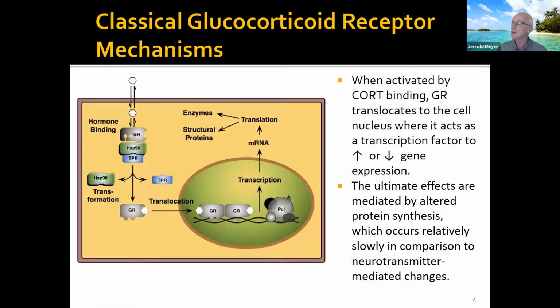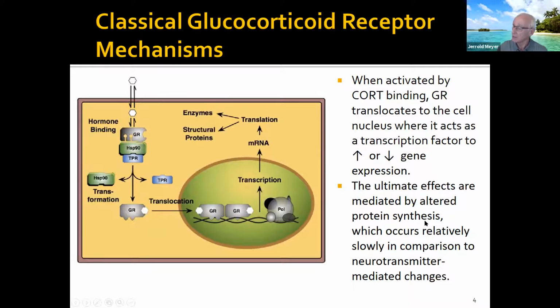In some cells, glucocorticoid will turn on a particular gene. In a different cell, that gene might not be turned on by glucocorticoids if this regulatory sequence is not active in that cell. So it's the level of expression of the receptor and the genes that determine the cell response.